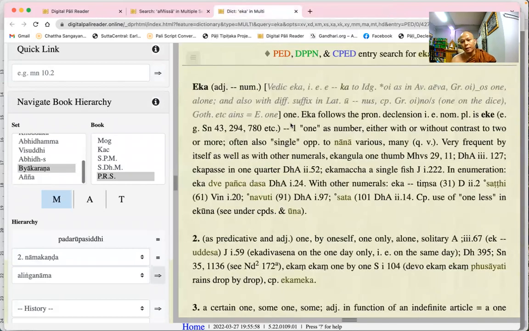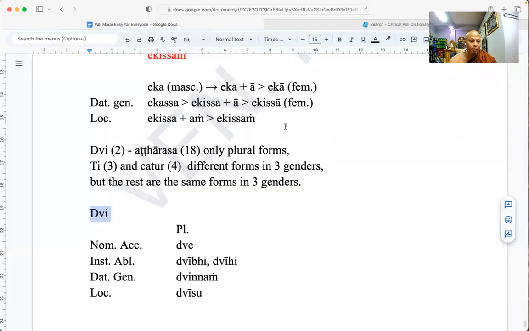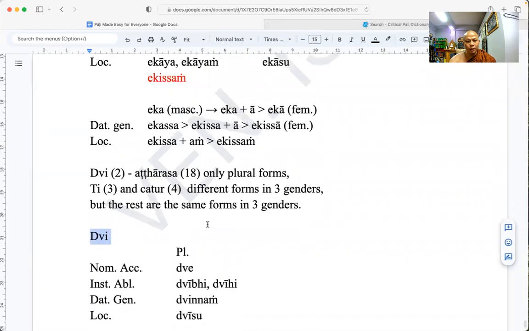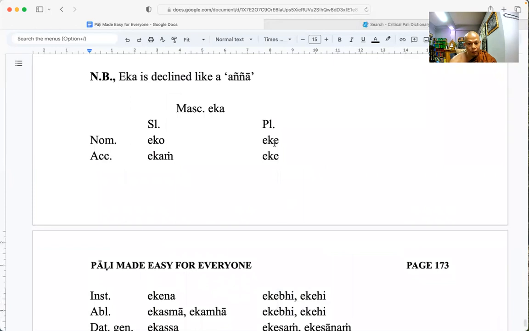So like eka and dwi, not teacher two. After eka and dwi are counted as pronominal pronouns, even though they are numerals, they are considered as pronouns. That is why here eka is also eke, like ya, ye.